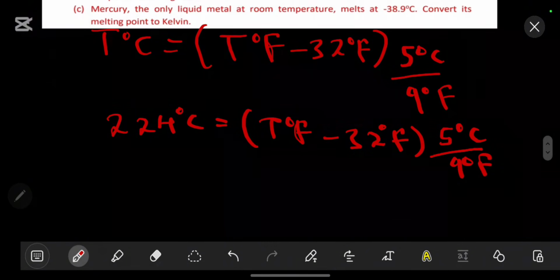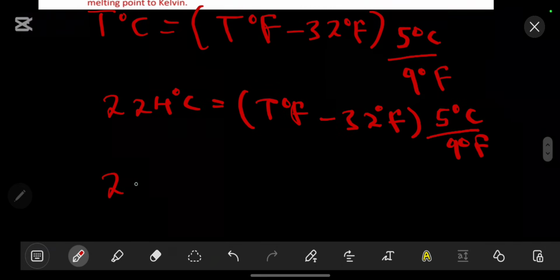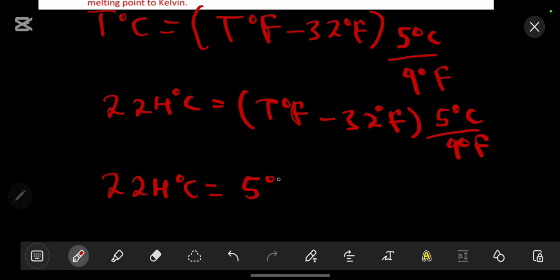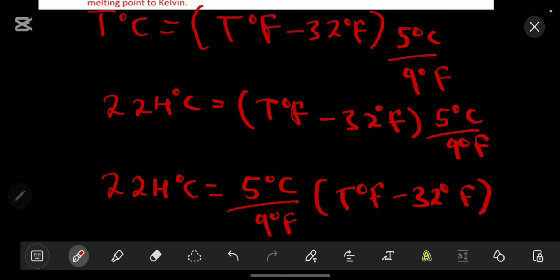This is the same as having a number in front, so we have 224 degrees Celsius equal to 5 degrees Celsius over 9 degrees Fahrenheit, multiplied by temperature in degrees Fahrenheit minus 32 degrees Fahrenheit.